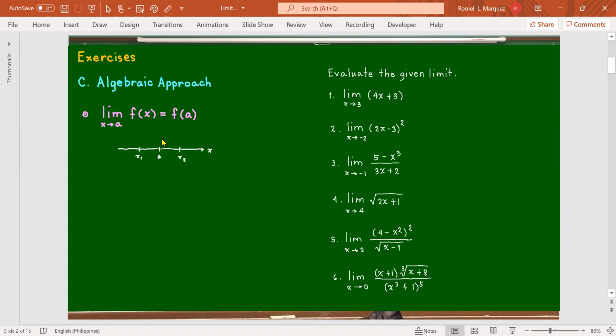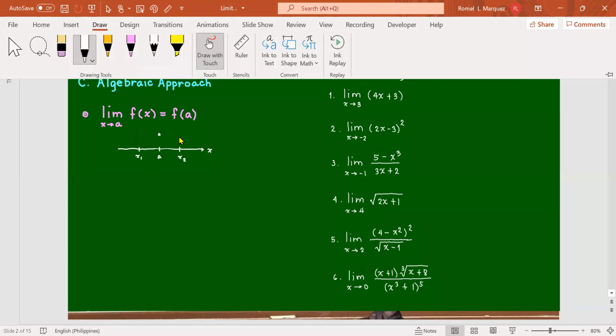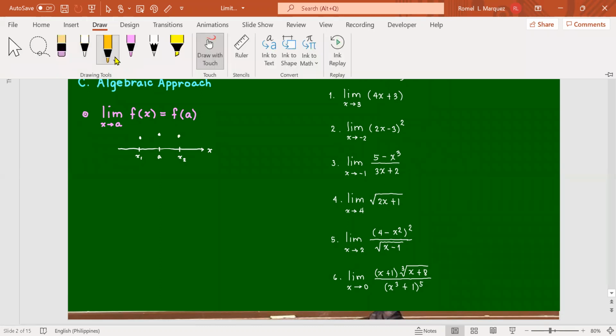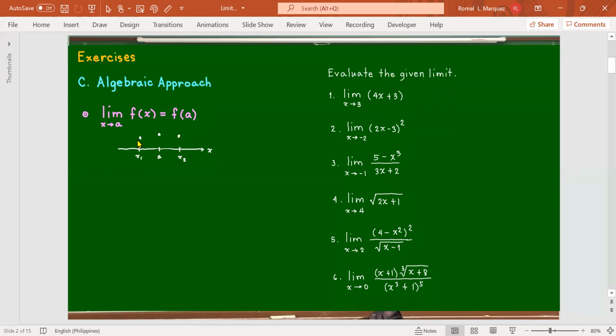If the graph of f of x at x equals a is defined, meaning there is a point here at x equals a, and there is an immediate left point and also an immediate right point from x equals a, then the graph is like this.